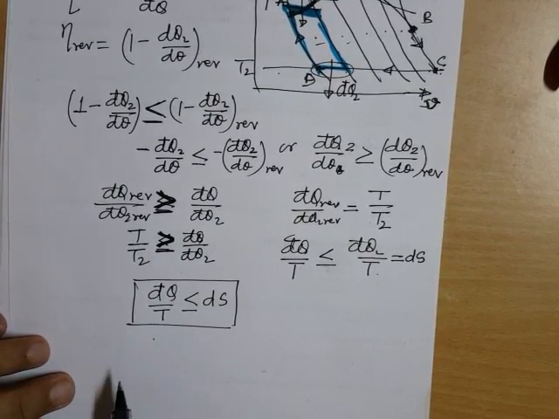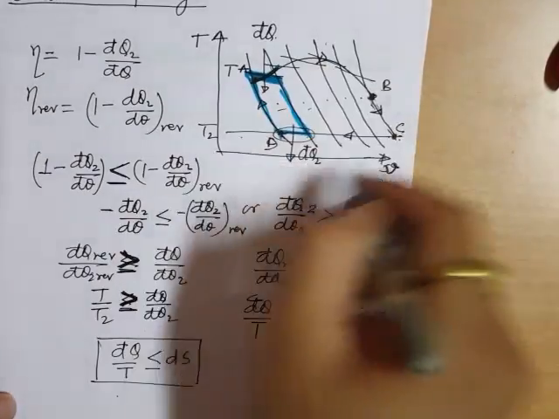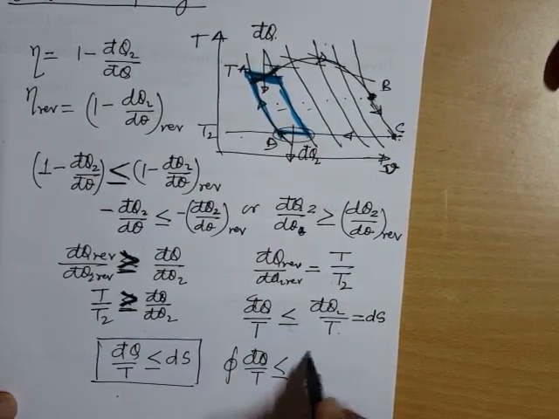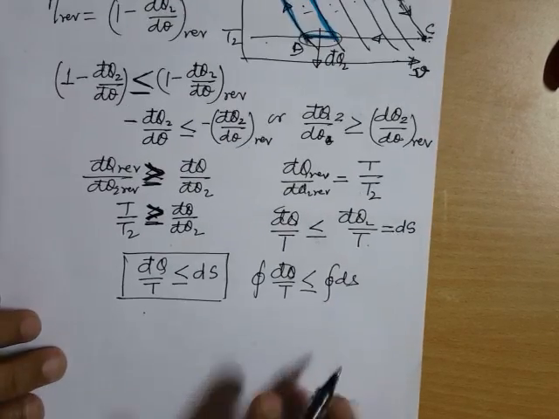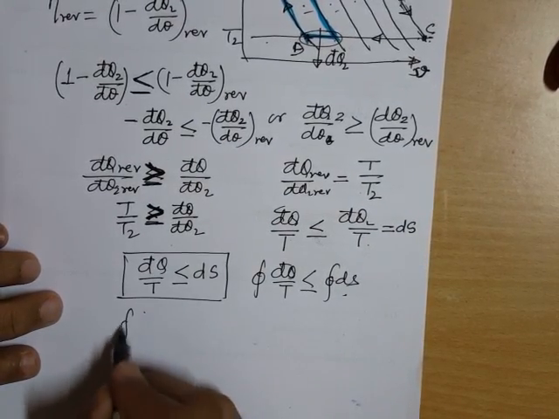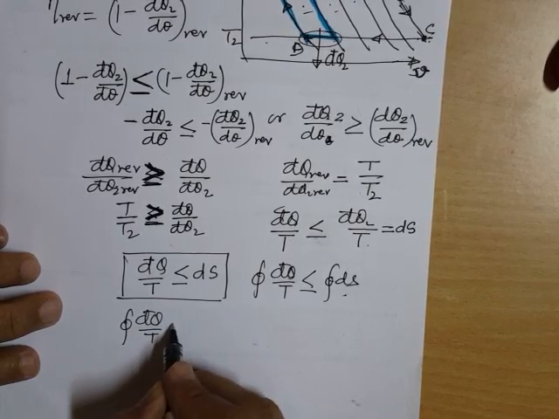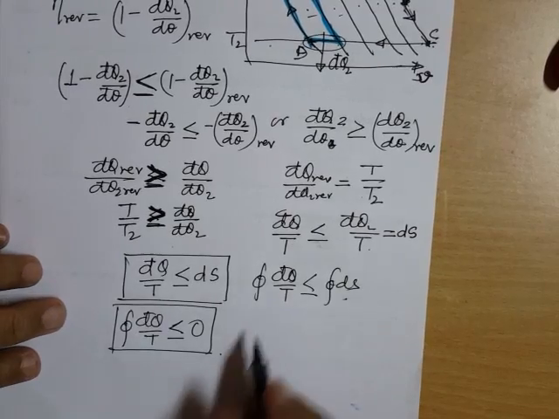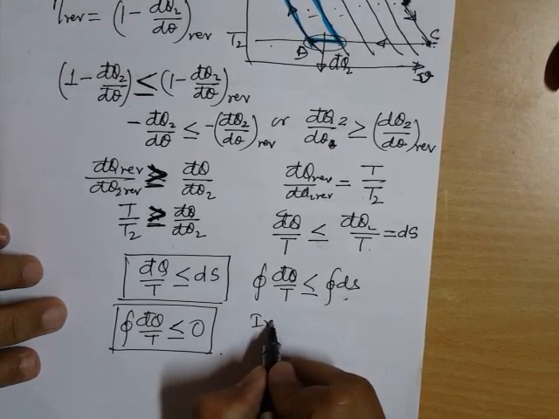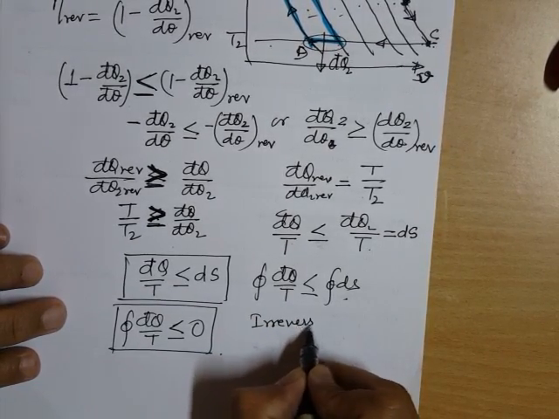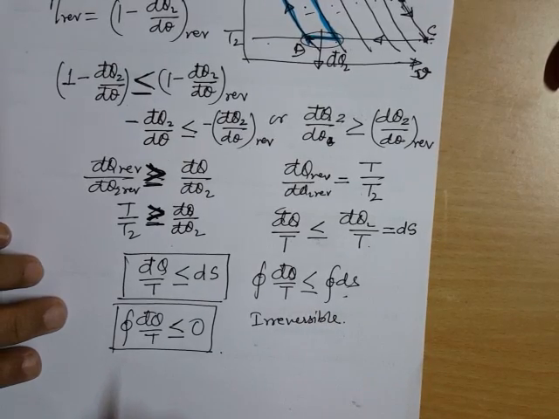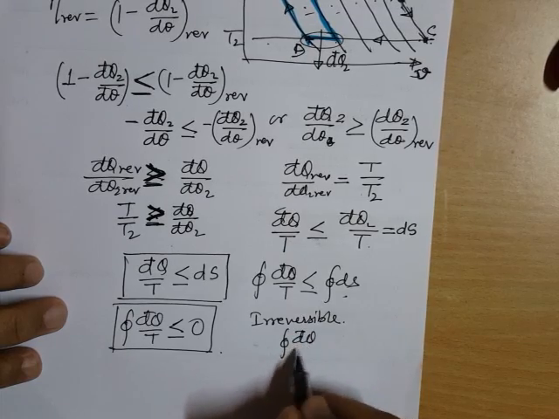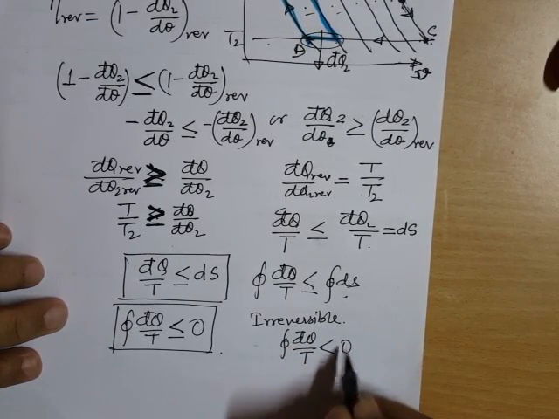Or if we consider the whole cycle, the cyclic integral of dq by T will always be less than or equal to the cyclic integral of ds, and as s is a point function, the cyclic integral of dq by T will always be less than or equal to 0. That means if the process is irreversible, then the cyclic integral of dq by T will be less than 0.